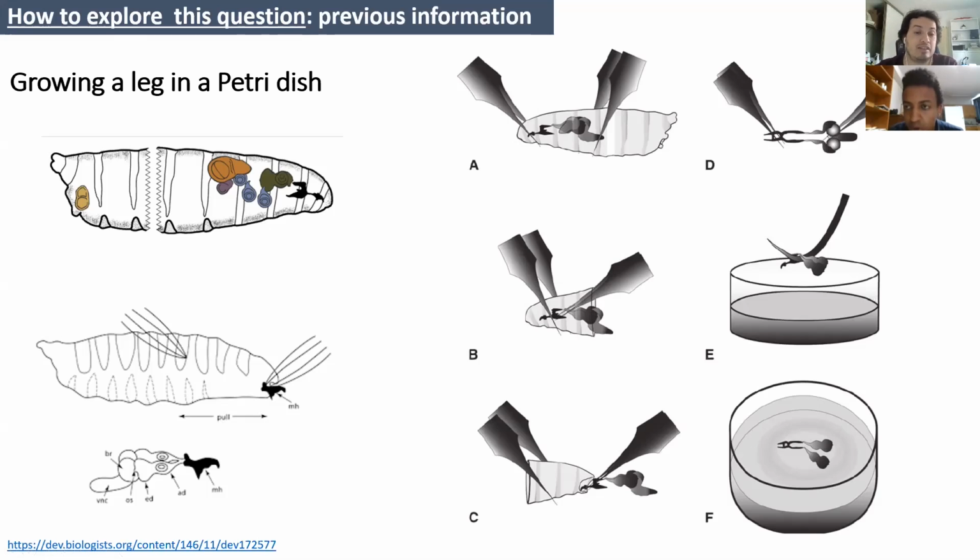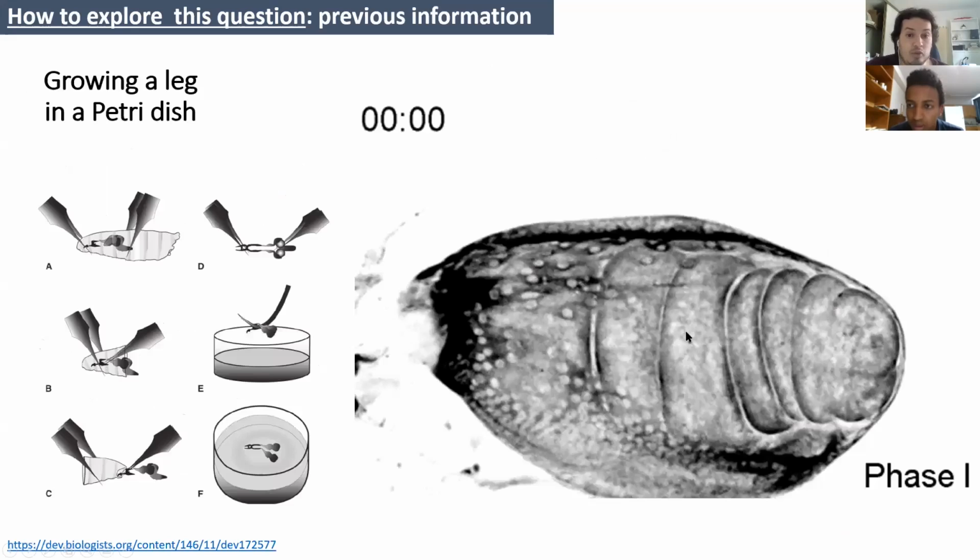Then the tissue dies. This has some advantages and some disadvantages, because maybe you don't know if what is happening there is because the tissue is dying, or because you pressured it with your forceps, or what is happening. So I'm going to show you a movie.